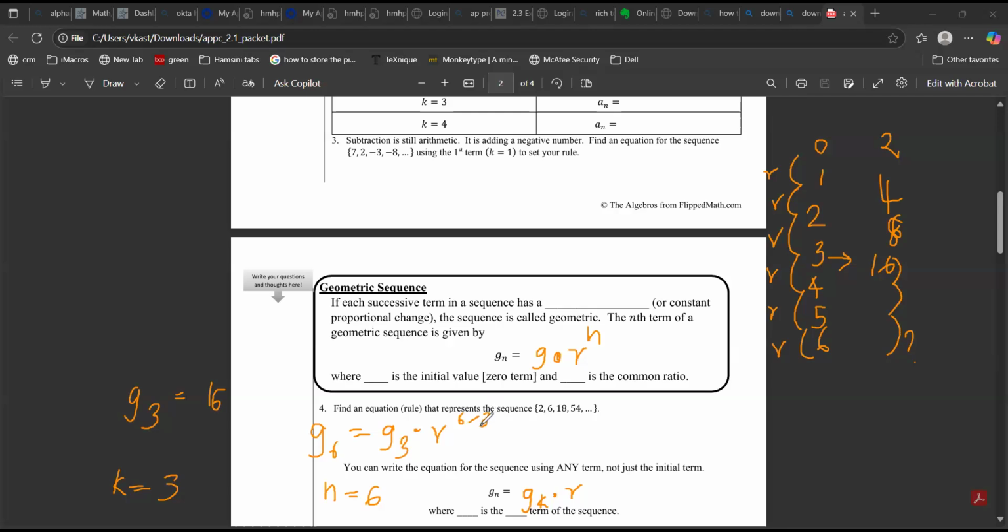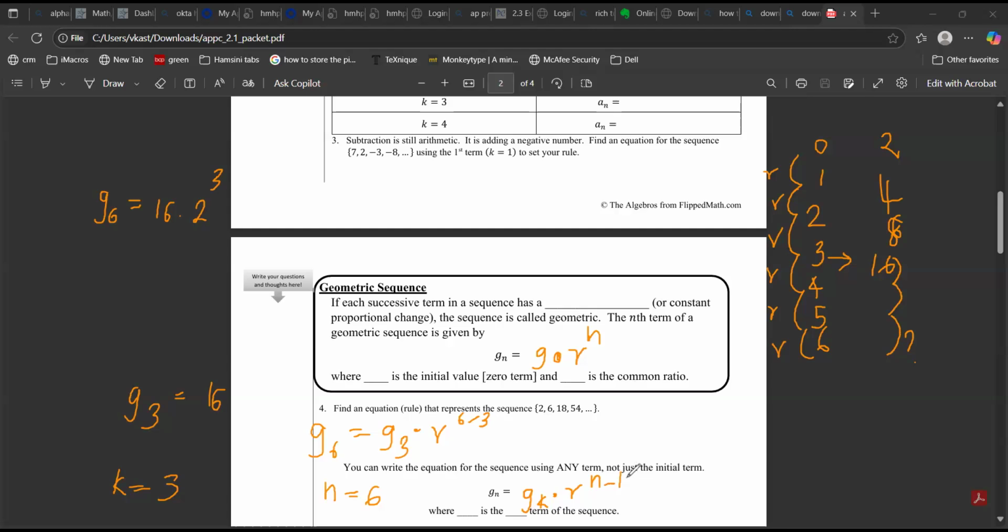Again, the same thing, just like an arithmetic sequence. So what would I do to find my sixth term? I will take my third term, 16, times the common ratio, which is 2, 2 power of 3, 6 minus 3. So the general formula is Gn is equal to Gk times R power of n minus k.